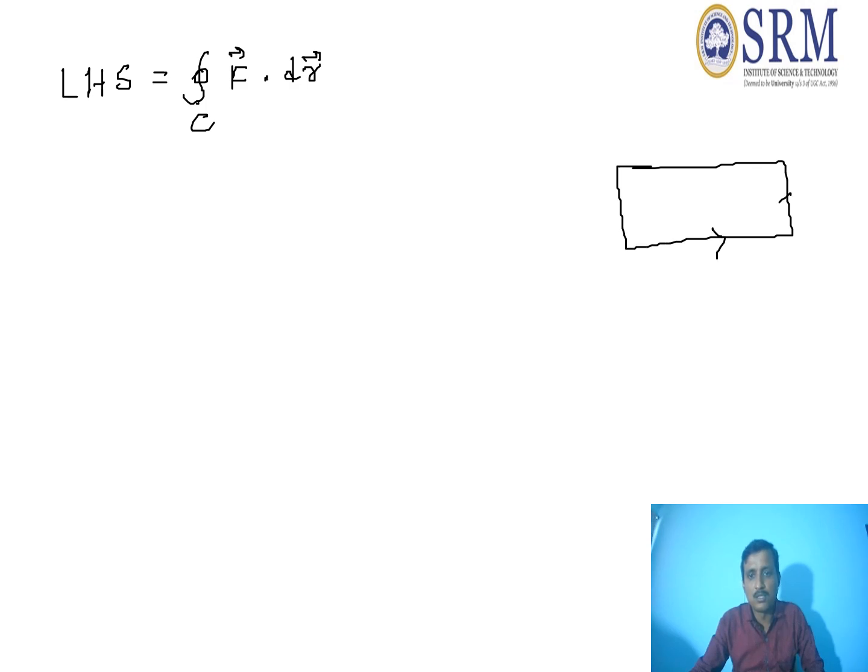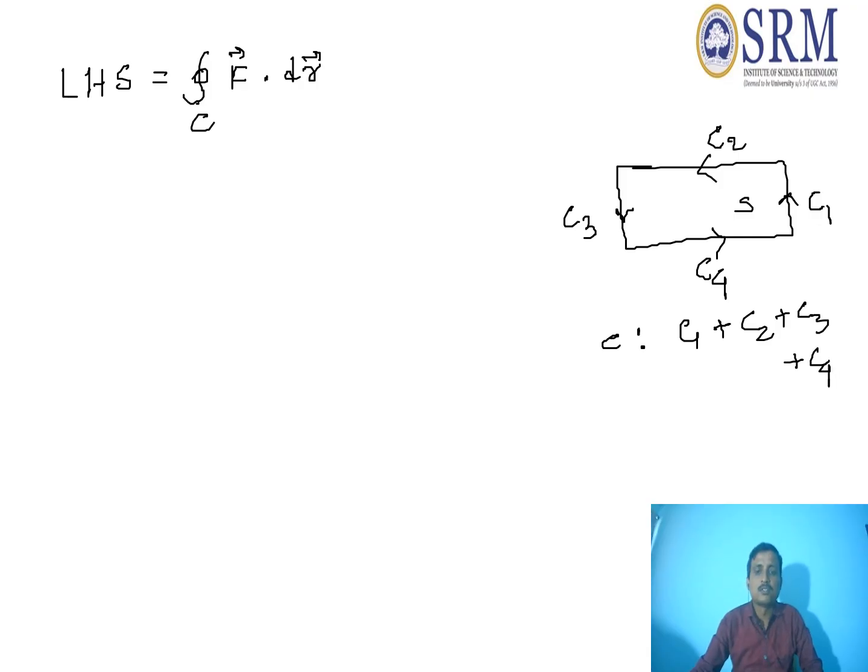C is the boundary of this surface S. This is C. I can write it as the sum of the four sides. I am giving the names C1, C2, C3 and C4. So basically C is the combination of C1 plus C2 plus C3 plus C4.